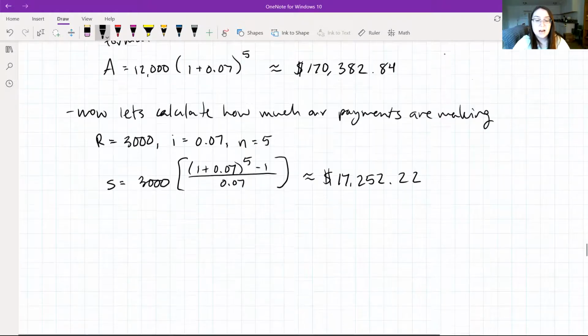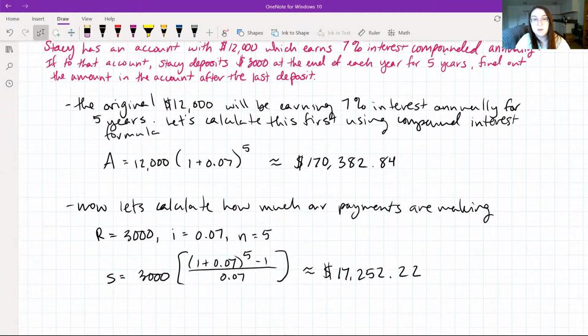So we calculated how much our payments are going to make at the end of 5 years, and we calculated what our original lump sum is going to make in 5 years. So now we can combine these to get what our account would be at the end of 5 years.